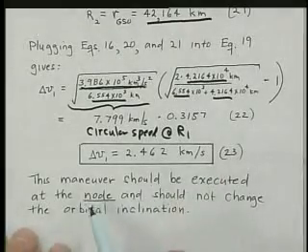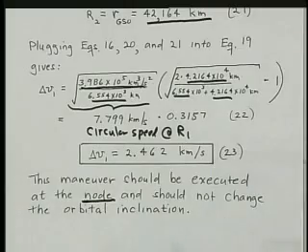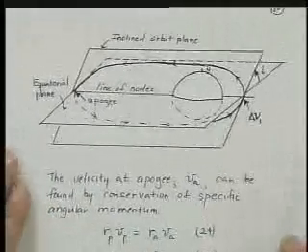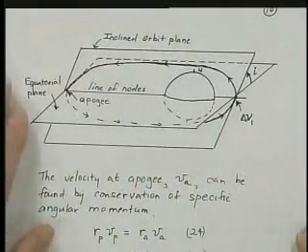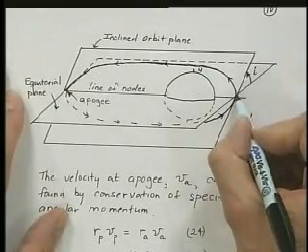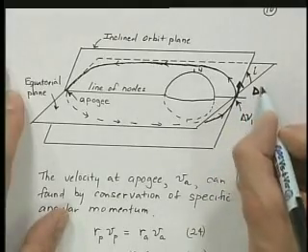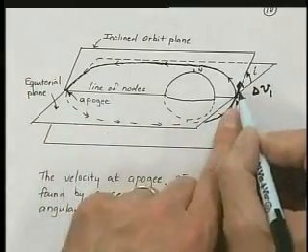Now this maneuver should be executed at the node and should not change the orbital inclination. So here's a sketch. We're performing this delta V1 here.